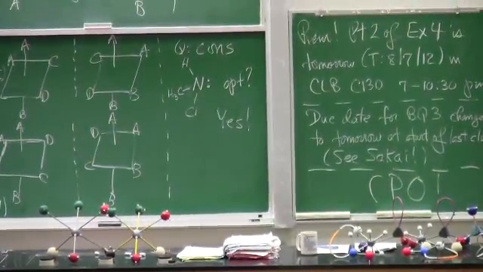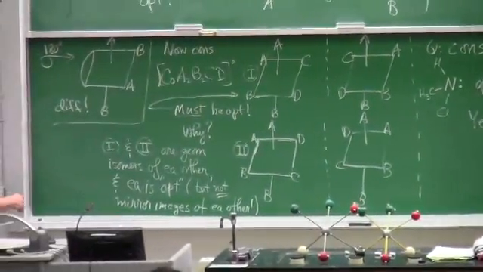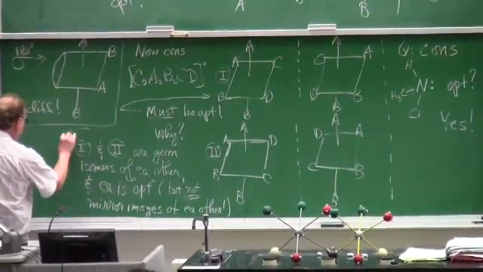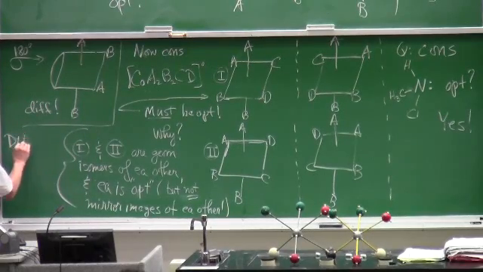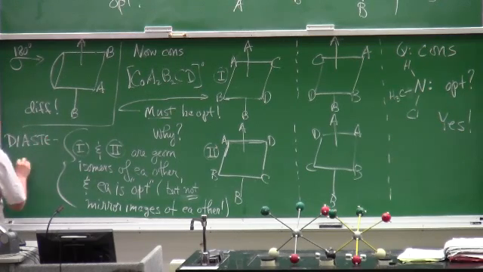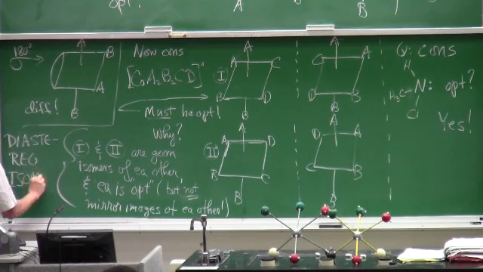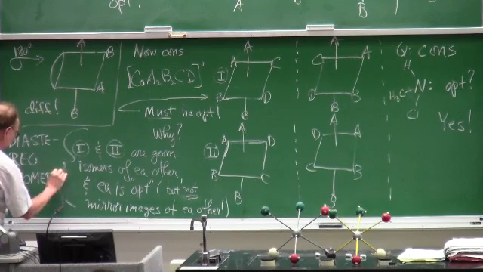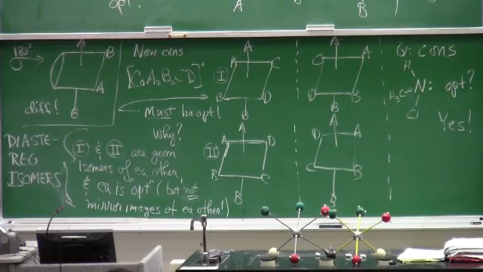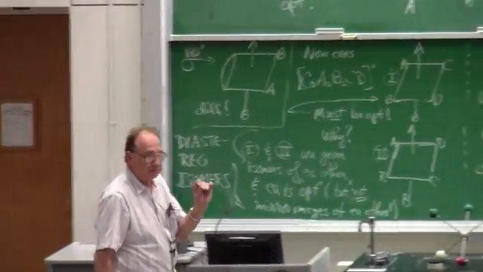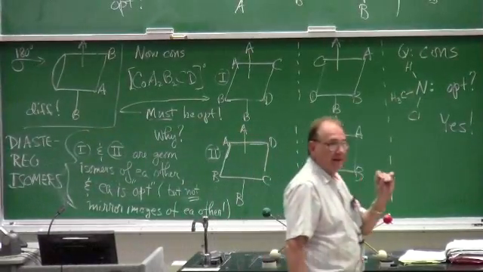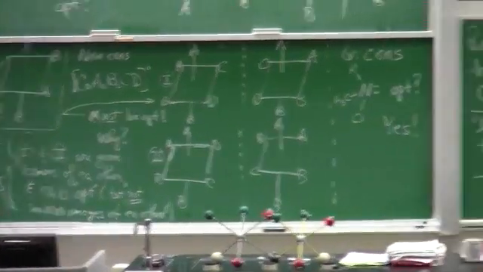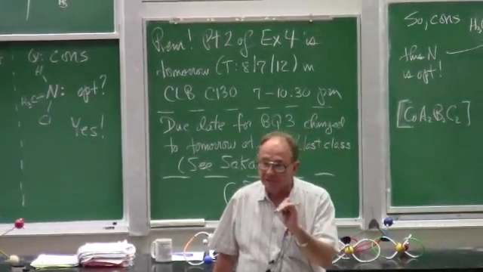Let's write that on the board. Diastereomers are optically active geometric isomers for the same species, so they're isomers of each other.